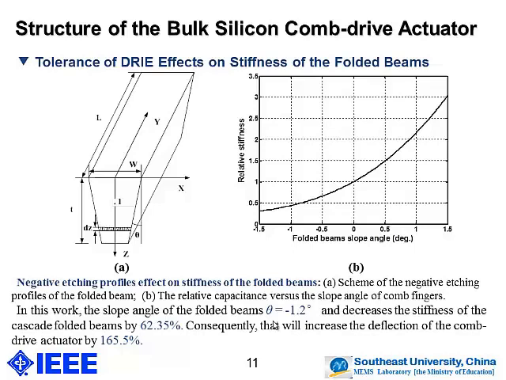Actually, in this figure, when the Ozone profile is -1 degree, the stiffness of the polymer beam will be only a half, and in this case the displacement will be 2 times larger.